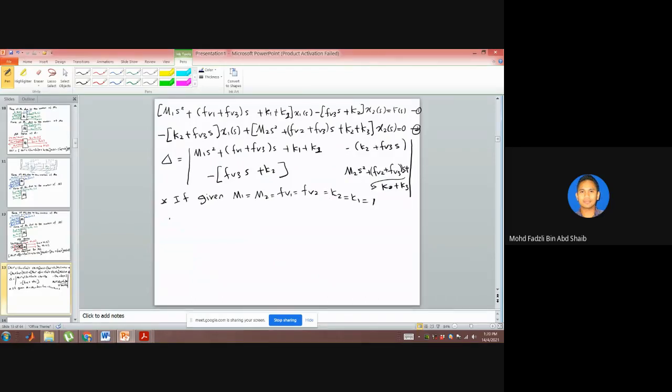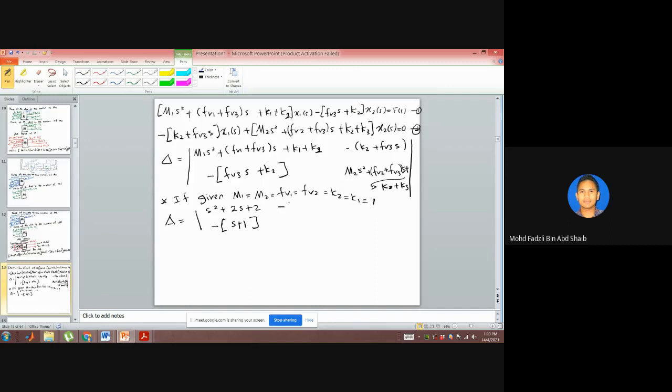so it's simple for us to solve the problem, okay? So determinant equal S square plus 2S plus 2. K1 plus K2, 1 plus 1 is 2. This one minus S plus 1.